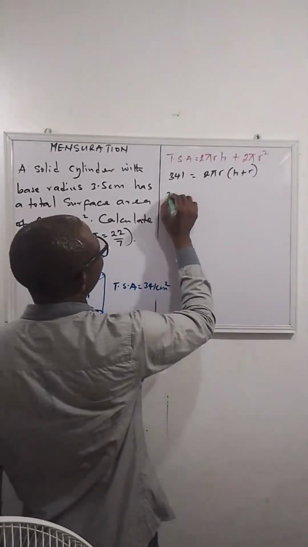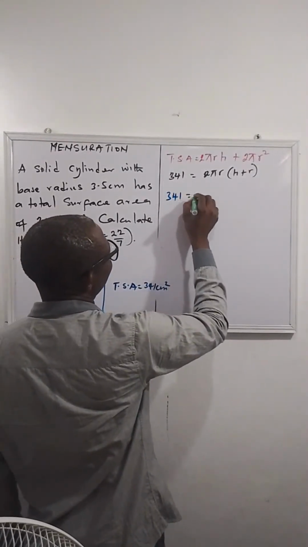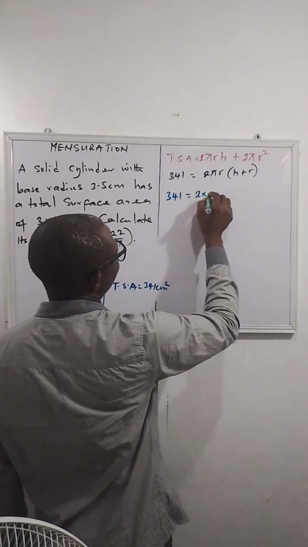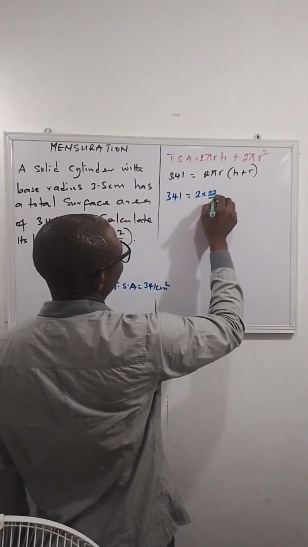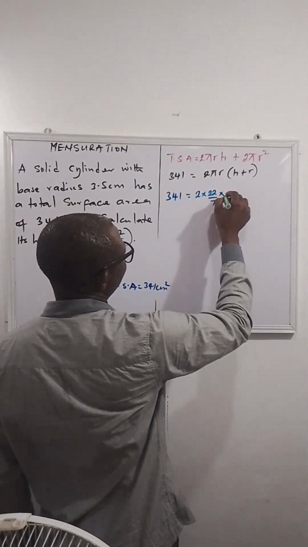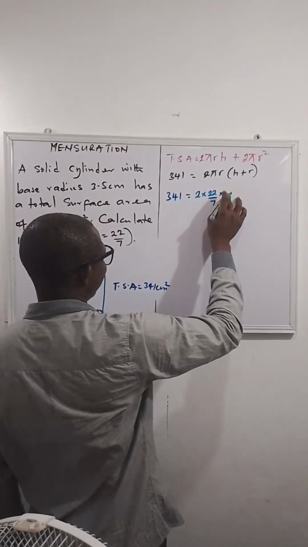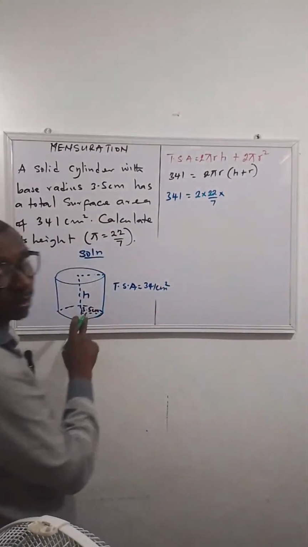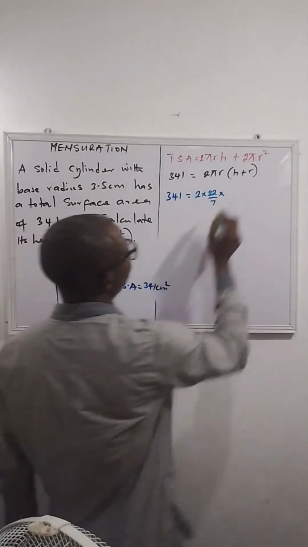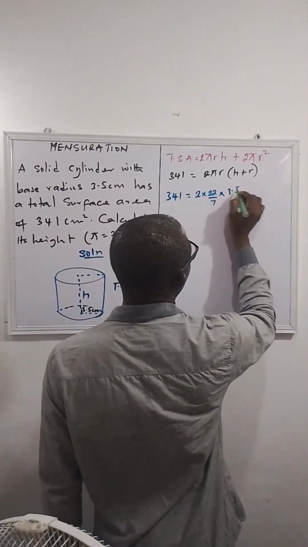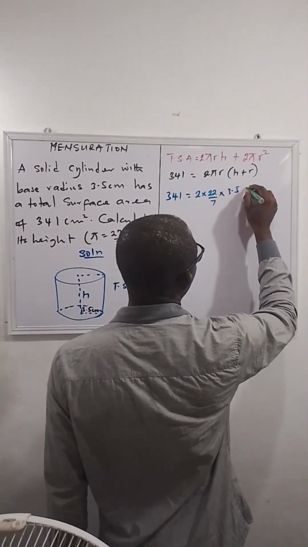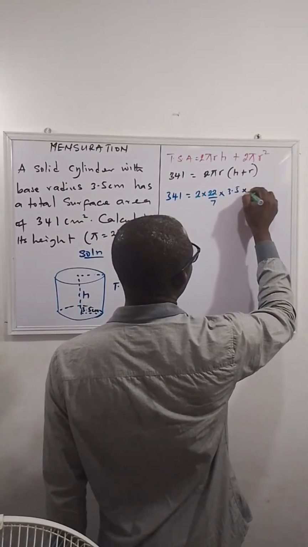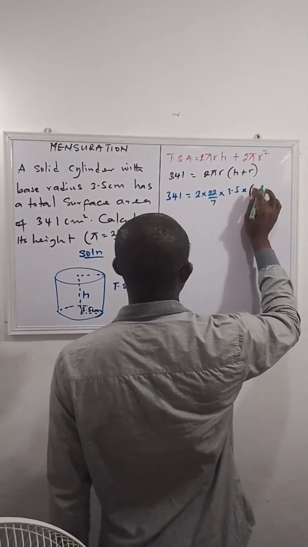We have 341 equals 2 times 22 over 7 times r. What is the radius? Radius is 3.5. So we have 3.5 times h, what is the height?